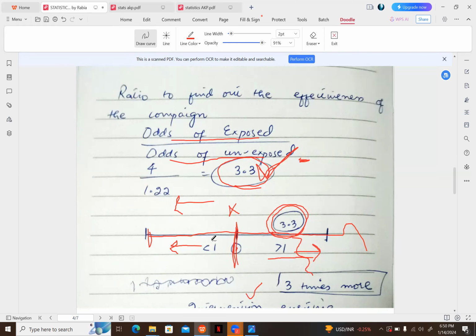Make reasoning in your mind about what information they have given you: we gave this intervention and this is the result, and this 3.3 means 3 times more towards the positive side, so it has a positive impact. Then you can select among the options very easily.